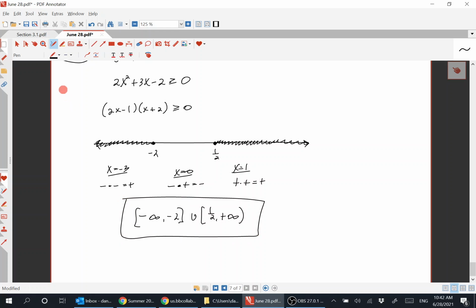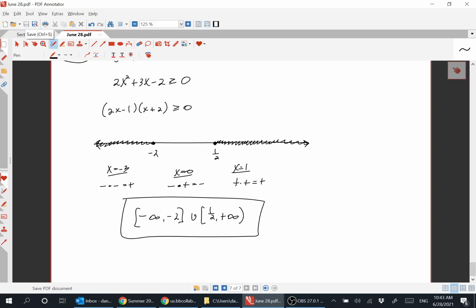So that's the solution to that quadratic inequality. There are also rational functions that have the same kinds of things going on.